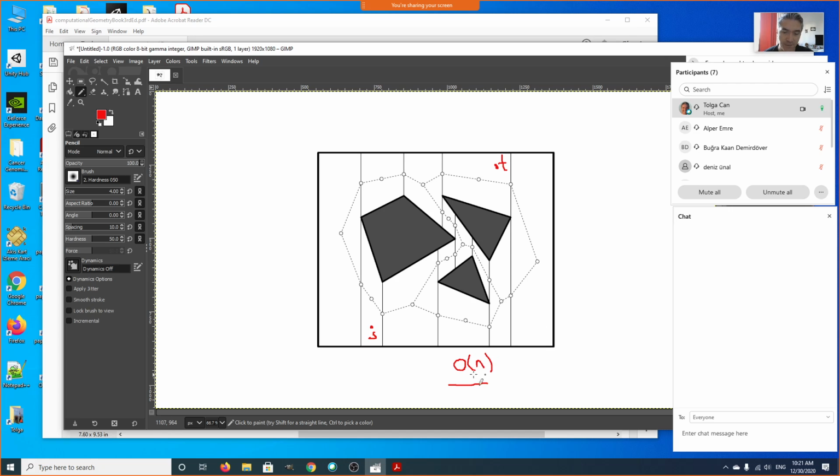Therefore, we can as well find the start and target nodes in linear time by going over all of the trapezoids, to see which one contains S and which one contains T.